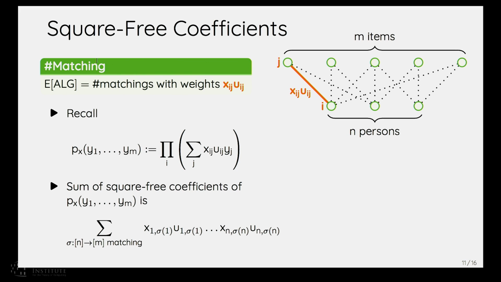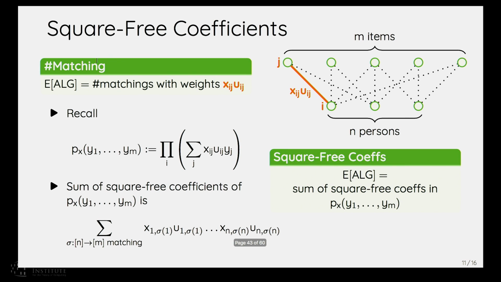Those are the terms corresponding to non-matchings. And there are some terms that get no yj squared. Those exactly correspond to a matching. So conclusion, you get that the expectation of my rounding algorithm is the sum of square free coefficients in this polynomial.